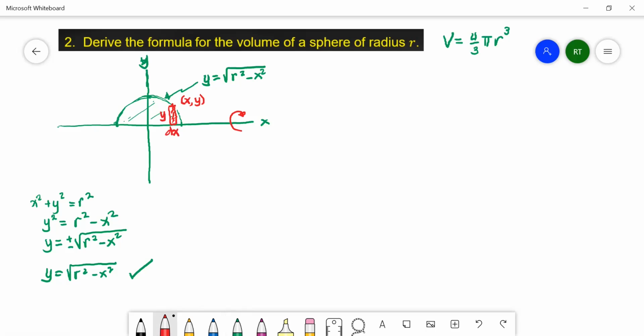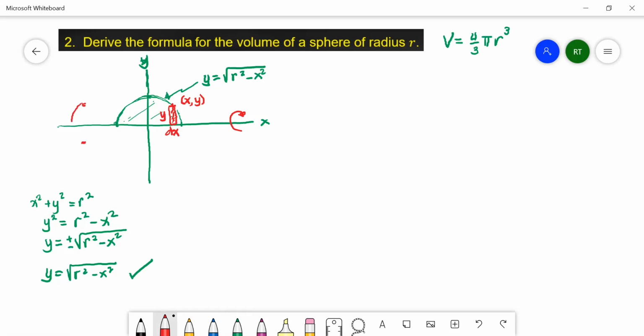Now, take note, we will rotate the region R, the semicircle, about the x-axis to form the sphere. And if we consider the representative element, which is a vertical element, revolving this about the x-axis will form a circular disc. It will form a circular disc again.